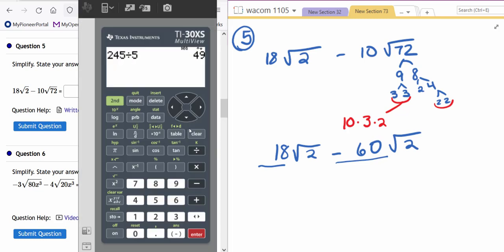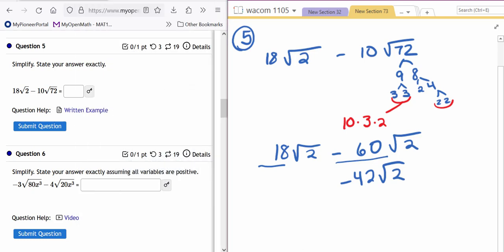And you can do it in your head or you could pull up a calculator. It is a negative 42. And keep the radical. Right, so see if radicals will simplify so that you could get the same radicand, and if so, then you can combine the numbers outside.